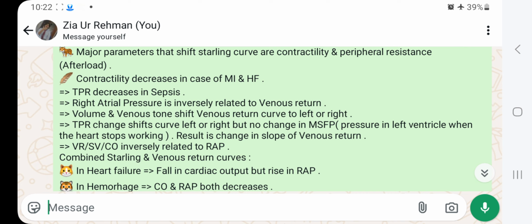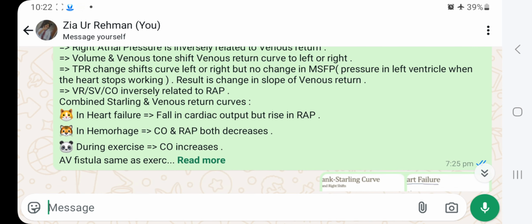Pressure in the left ventricle when the heart stops working. Result is change in slope of venous return. Venous return or stroke volume or cardiac output is inversely related to right atrial pressure. Combined Starling and venous return curves. In heart failure, fall in cardiac output but rise in right atrial pressure.